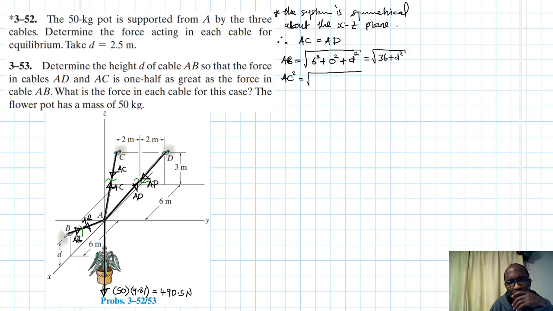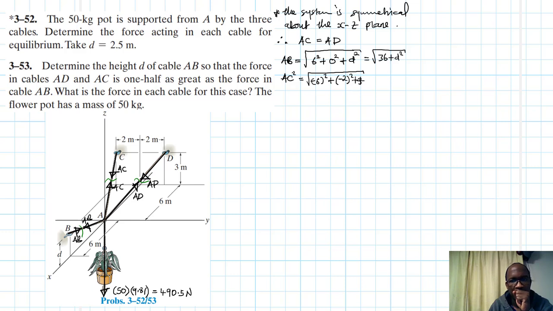AC, what do we have? In the x, we have a minus 6 squared, plus in the y, we have a minus 2 squared.